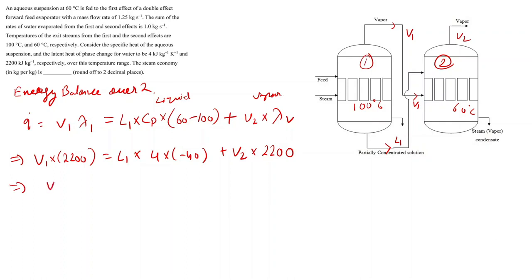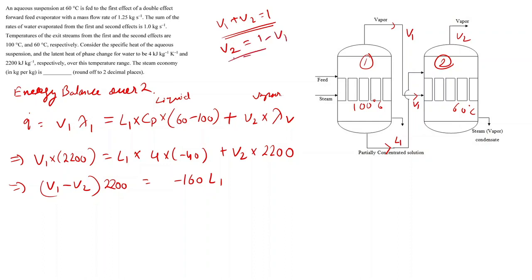We can write this as V1 minus V2 into 2200 is equal to, now we know that V1 plus V2 is equal to 1. So that will give V2 is equal to 1 minus V1. We will replace this in our equation.